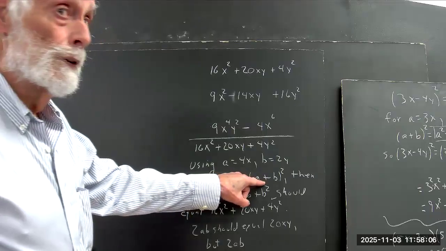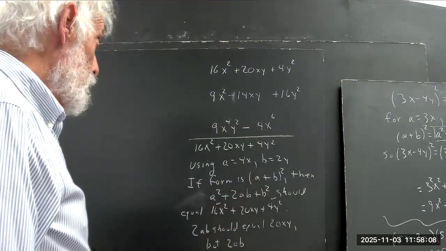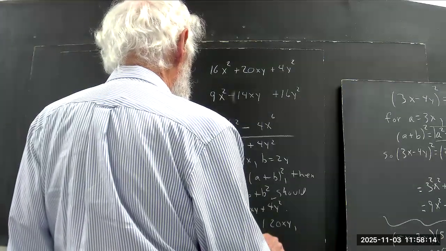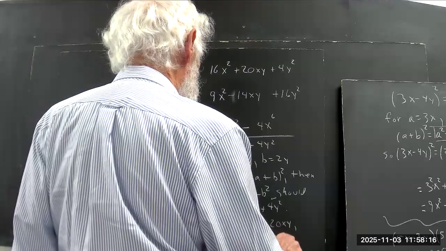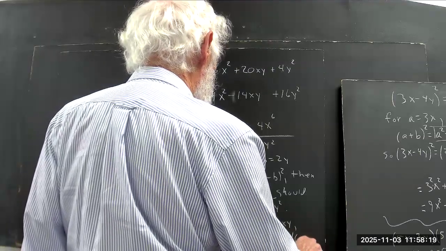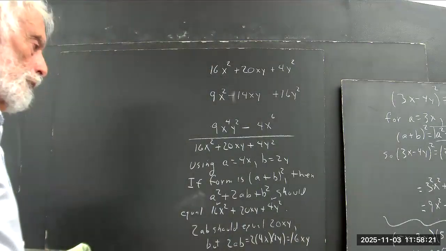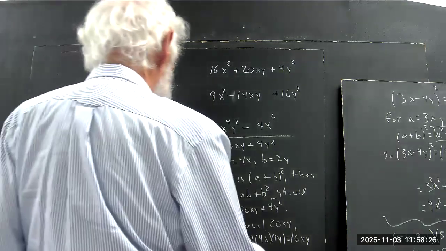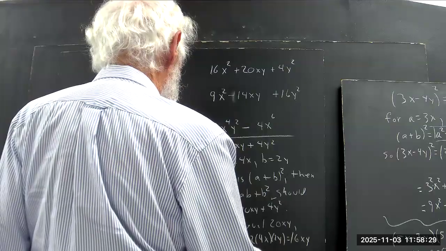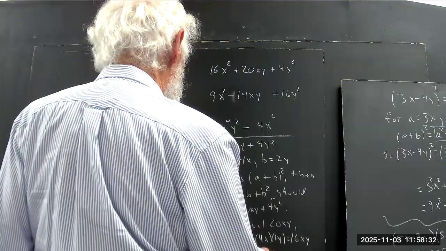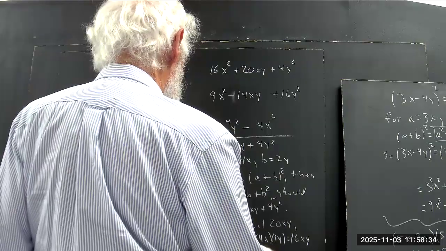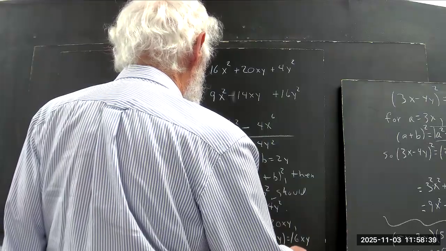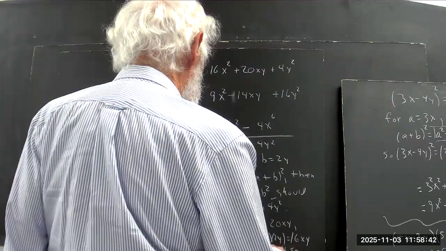If the form is a perfect square. But 2AB in this case is 2 times 4x times 2y, which is 16xy. So this is not of the form, so it isn't so.